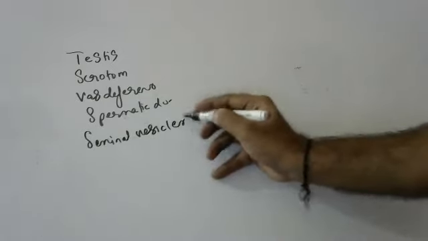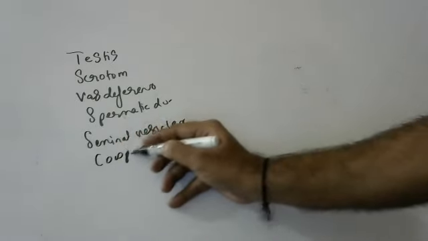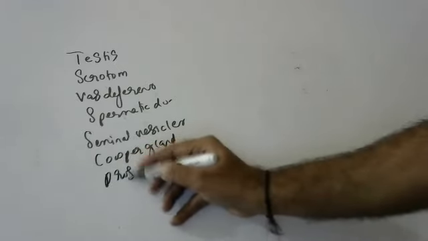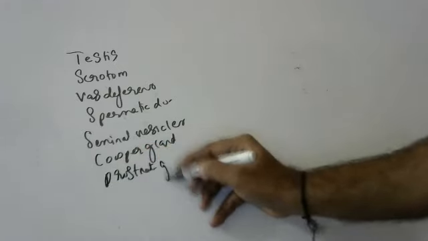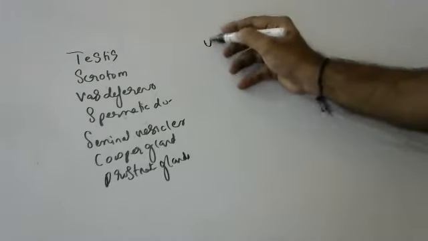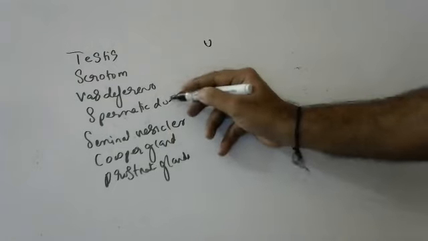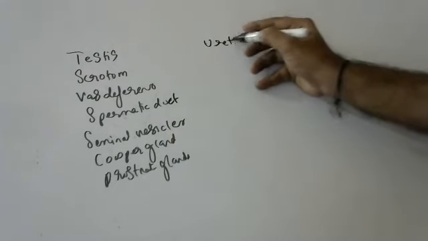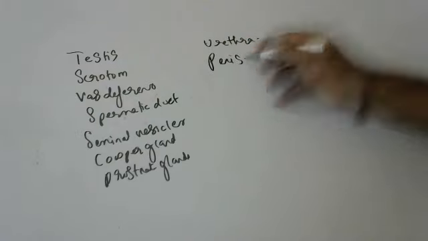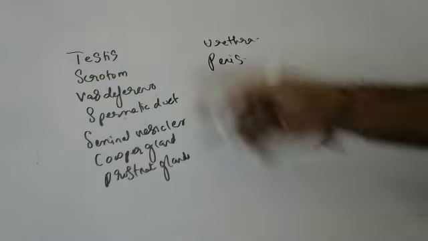Seminal vesicles, Cowper's glands, prostate glands. Okay, children, once it takes the junction, the spermatic duct now changes into the urethra. The urethra is protected by the penis.